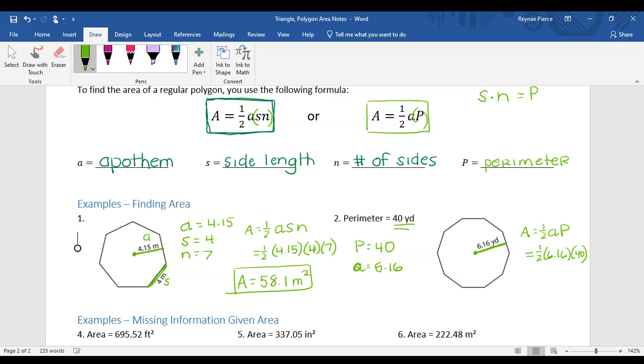So 1/2 times 6.16 times 40 tells me that the area of this regular decagon is 123.2 square yards. That's finding the area.